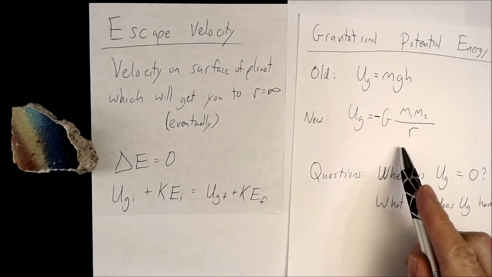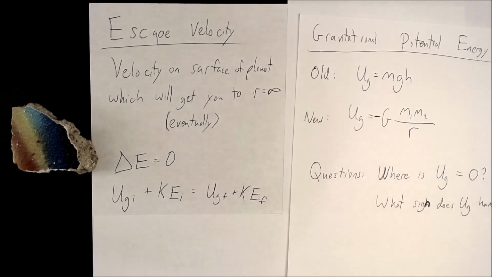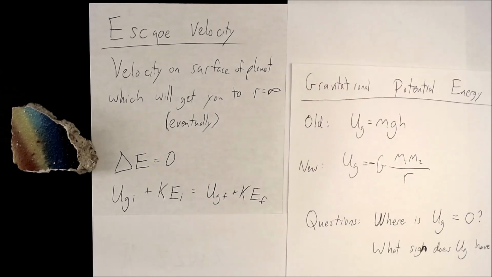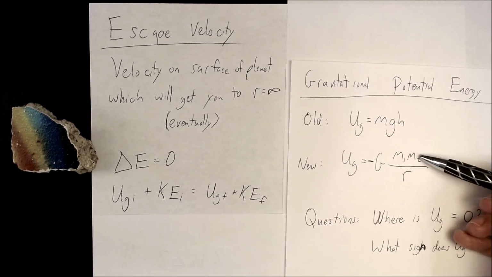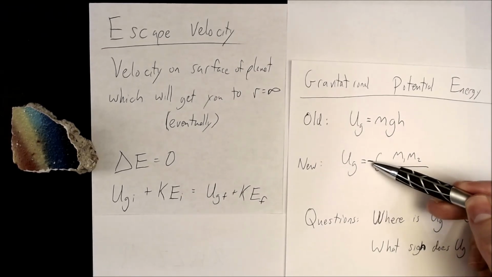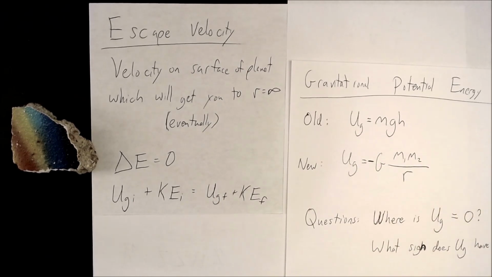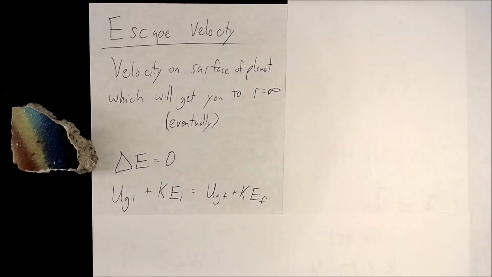Using this equation, is it equal to 0 on the surface of the Earth? No, it's not. With our new equation, we have a positive number, positive number, positive number, positive number, negative sign. We've got a negative amount of gravitational potential on the surface of the Earth. We can't get rid of this. We've got to leave it there.